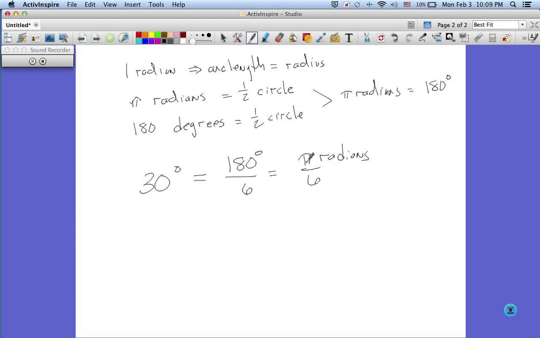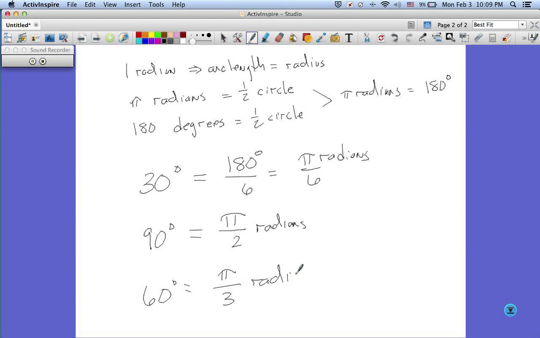So 30 degrees is the same as pi over 6 radians. 90 degrees, well, that would be 180 over 2, so pi over 2. 60 degrees, well, that's 180 degrees, or pi radians, divided by 3. So now we have a nice little conversion for radians versus degrees.